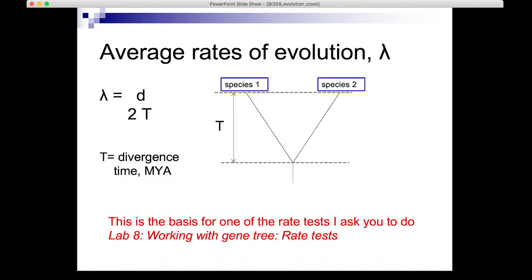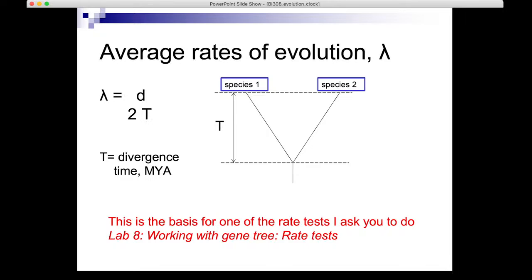So the other thing I asked you to do was to calculate another test of the assumption, which is that rates of evolution throughout the tree are more or less equal. And so we can calculate the average rates of evolution, where lambda is the distance, divided by 2 times t, where t is the amount of time between them.